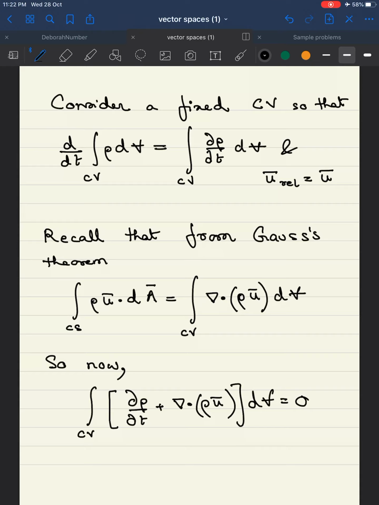But this is for an arbitrary control volume. I have not specified what this control volume is, but this statement seems to be true. So if this is equal to 0 for an arbitrary control volume, then it has to be 0 always, and only then can this integral be 0.